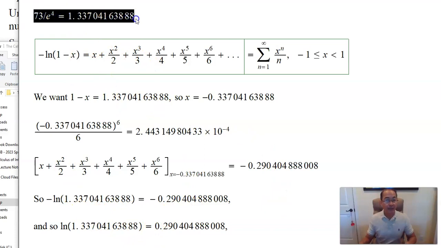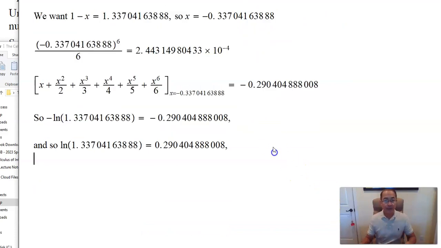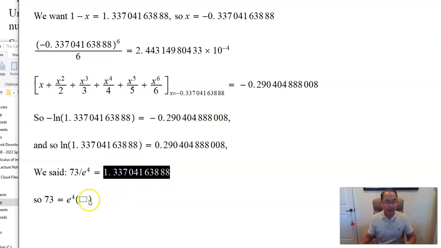Okay, so we have this equation. Back to our main program, we said that 73 over e to the 4 is this much. So 73 equals e to the 4th power times 1.3704 and so on.